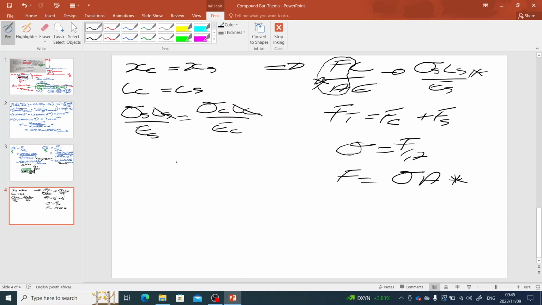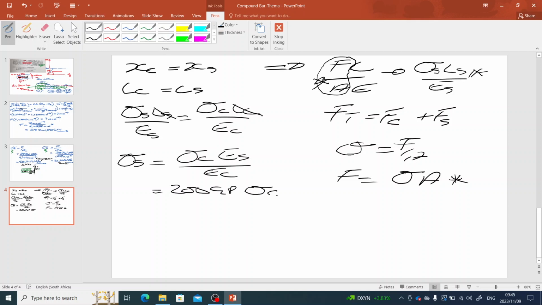L and L will cancel out, then I will make stress steel the subject of the formula. It will be stress copper multiplied by E steel over Young modulus copper. Do I have the values of the Young modulus? Yes, I do have. It is 200 gigapascal multiplied by stress copper over 100 gigapascal.